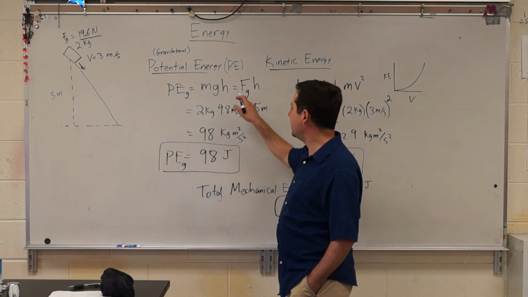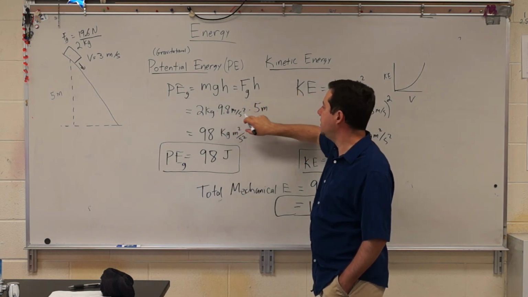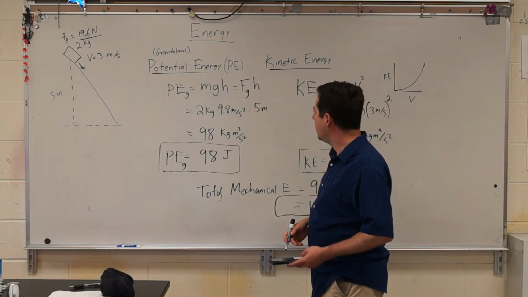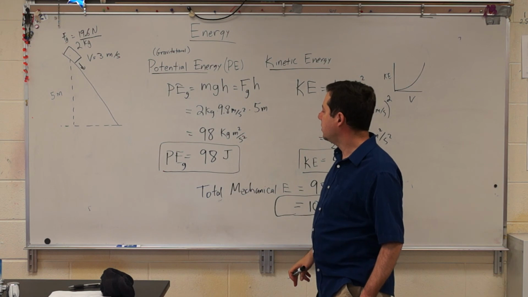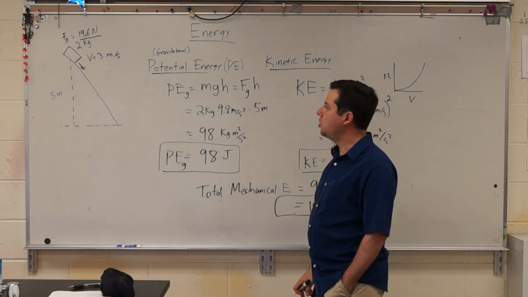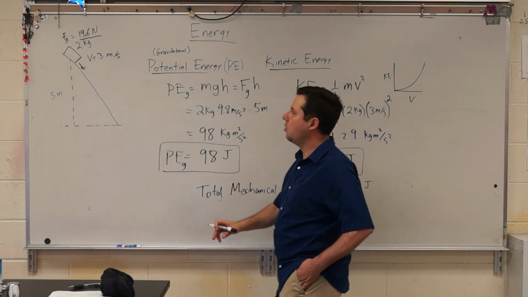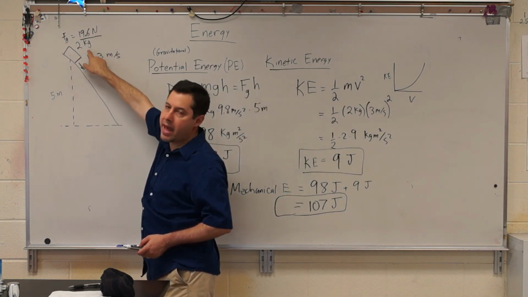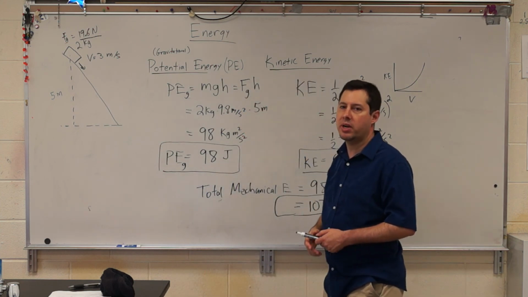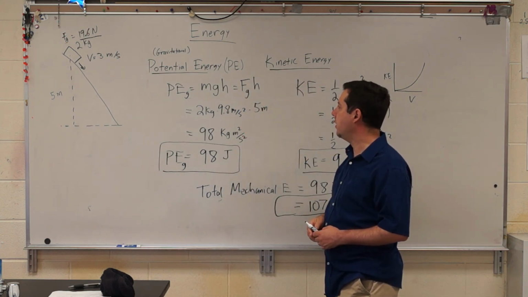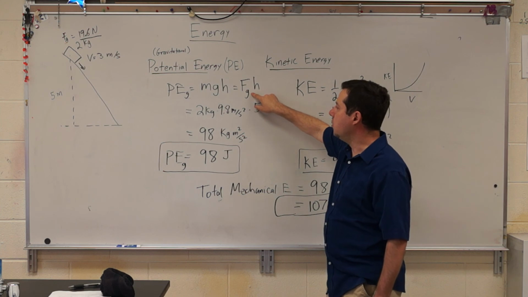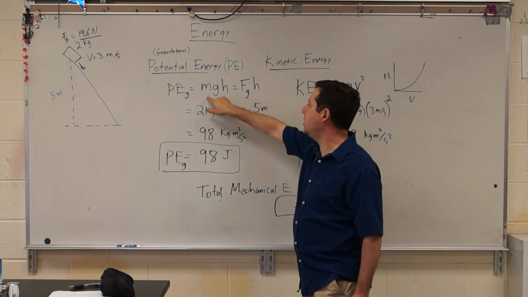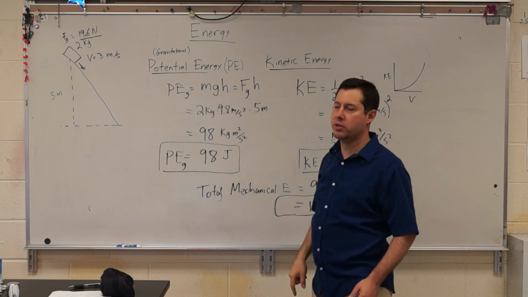So you end up getting the same answer here if you just say 19.6 newtons times 5 meters is the height. You should get 98 joules as your answer. So just be aware to make sure whether you're seeing an object's weight or an object's mass. And you can always transform from one to the other if necessary. But if you have the weight, you don't need to find the object's mass, because you can remember mg is already a part of this equation.